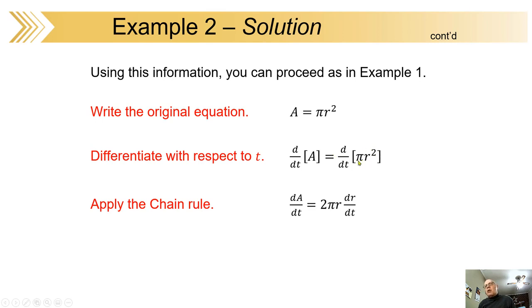So just work with the r squared. You get the r, there's the 2 from the exponent. And because you're doing it with respect to time, you don't have dr, you have dr/dt. And there's your differentiated function equation.